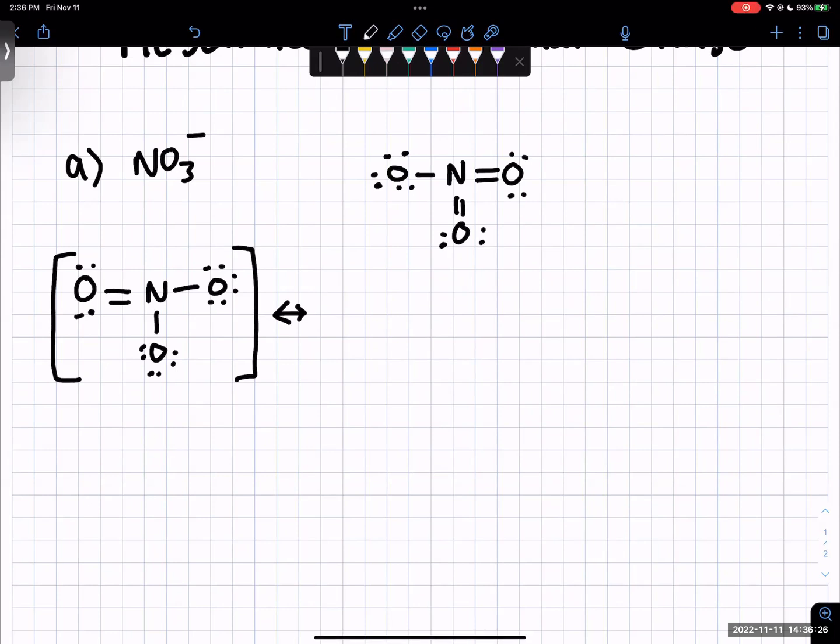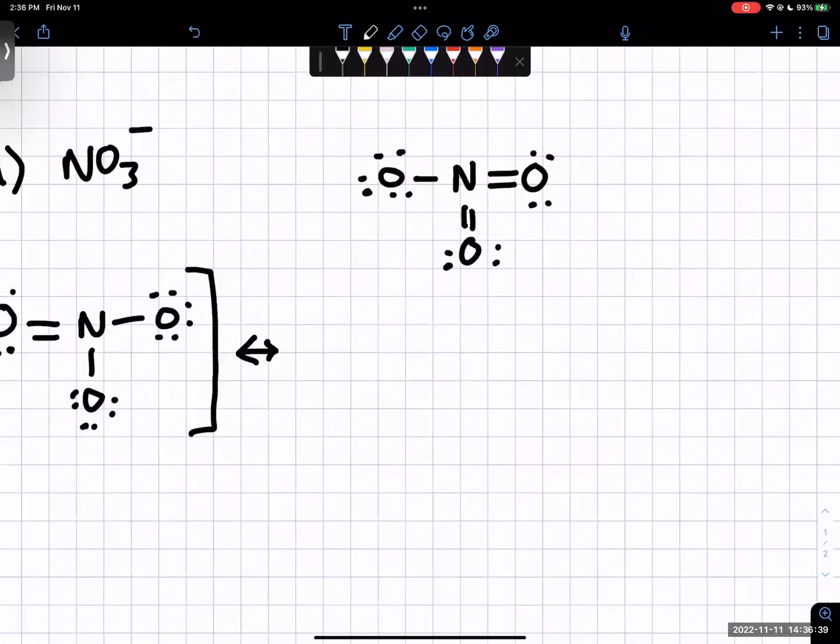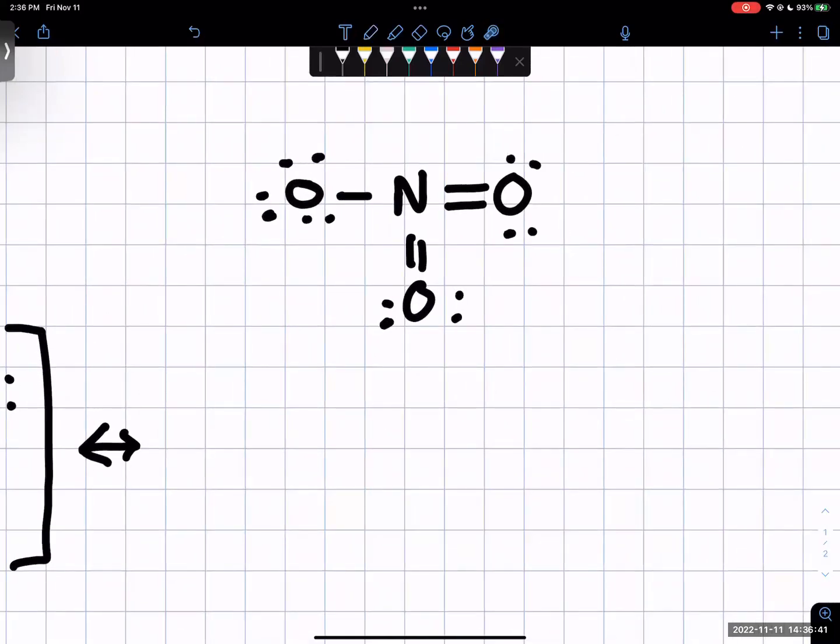And what is wrong about this structure? Nitrogen can't have an expanded octet. Exactly, like Maria said, nitrogen cannot have an expanded octet. It only has the second energy level, which does not contain a D subshell. In this case, that means that it can only have up to 8 electrons in its valence shell. But here it shows 2, 4, 6, 8, 10, which is impossible for nitrogen.